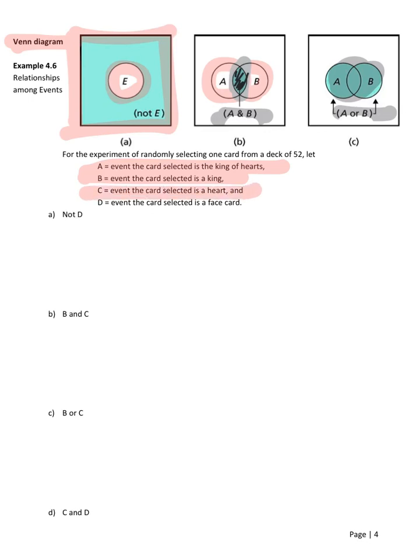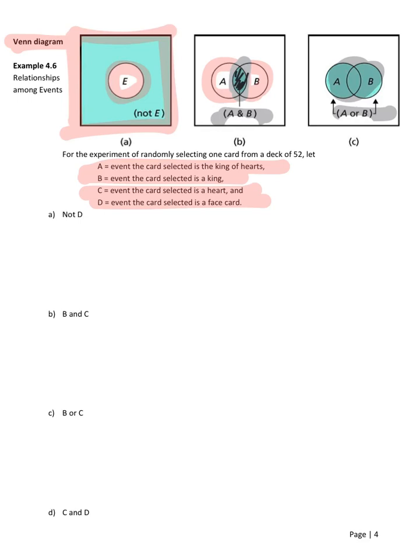Heart, how many? 13 out of 52. Heart is one of the 4 shapes, so it's 1 out of 4. The last one, face card. How many face cards? J, Q, K for 4 shapes, 12. It's 12 out of 52, or 3 out of 13. Yeah, either way, we took the probabilities.